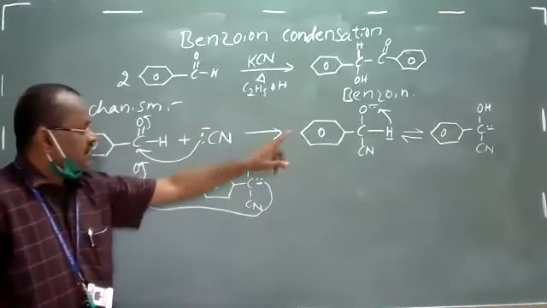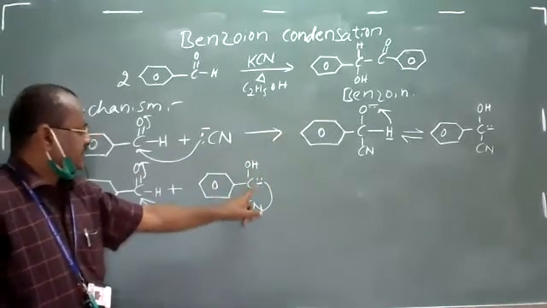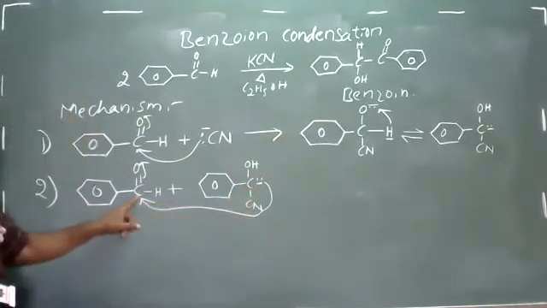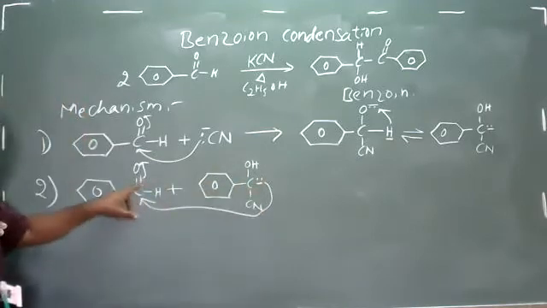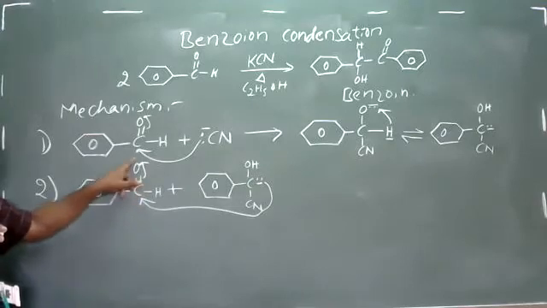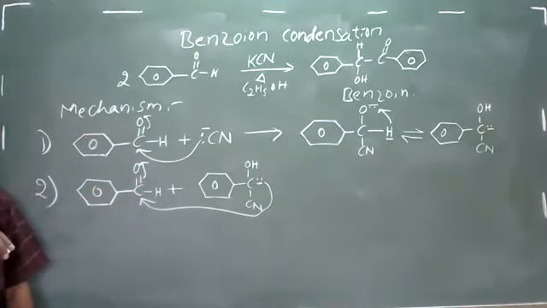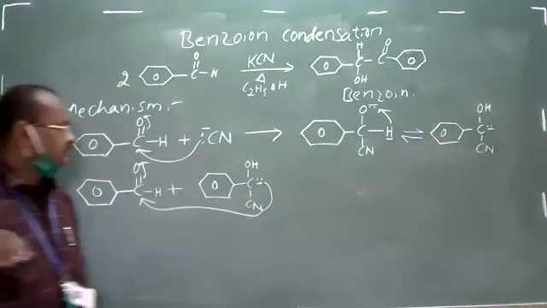So when this carbon anion generated in step 1 attacks the carbonyl carbon of one more molecule of aldehyde, it forms a bond with this carbon by using this pair of electrons, and this pi bond electron will move towards oxygen to form an oxide ion.